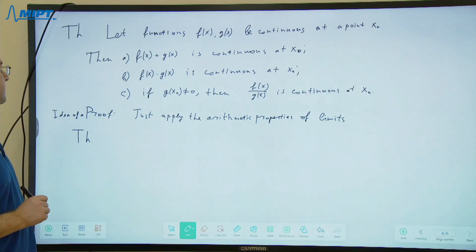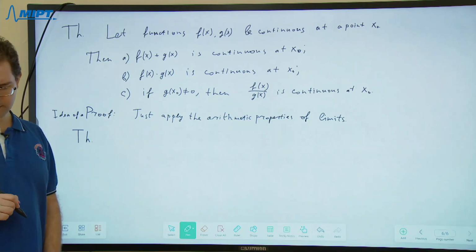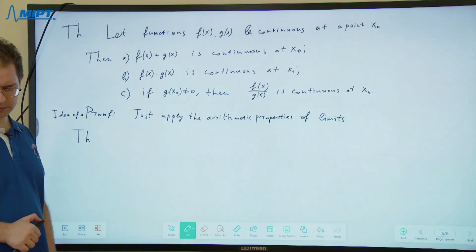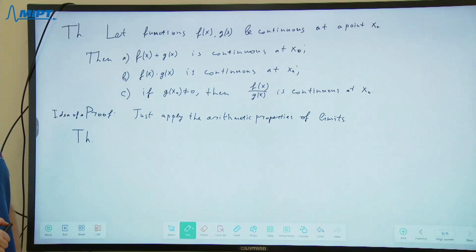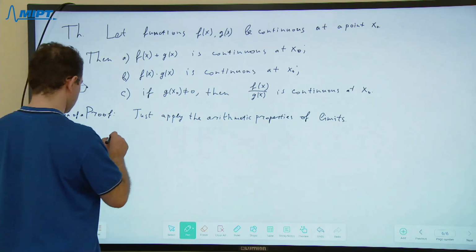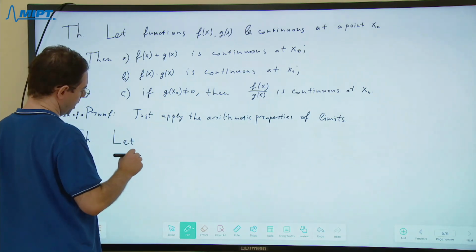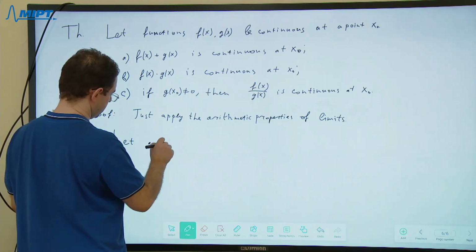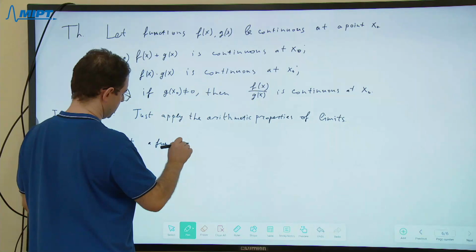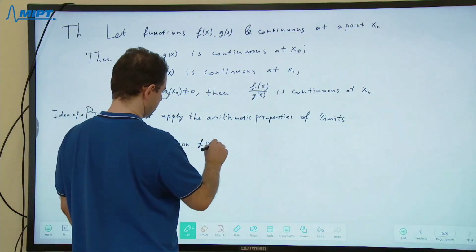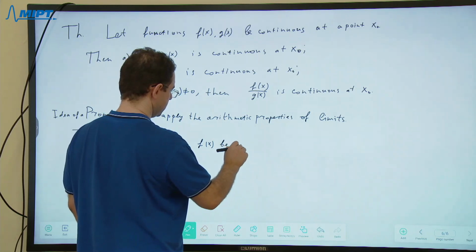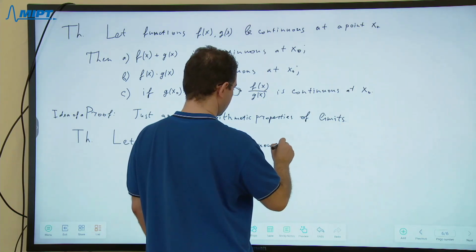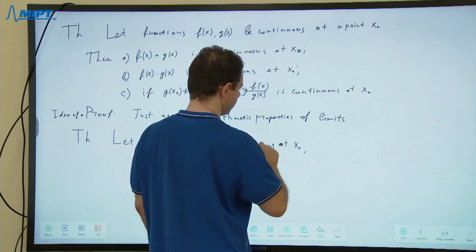Theorem. Let a function f of x be continuous at x0.